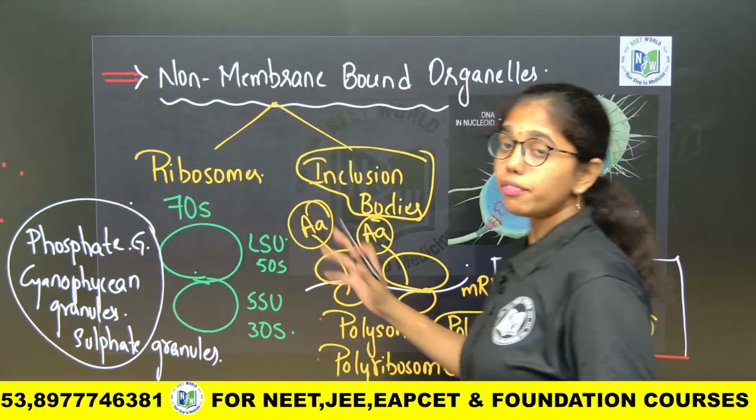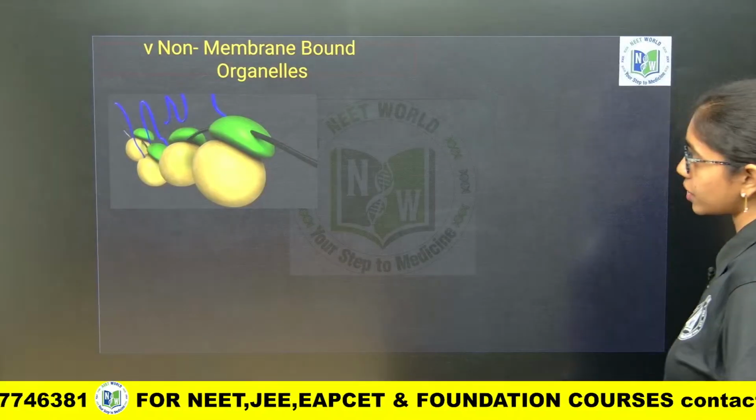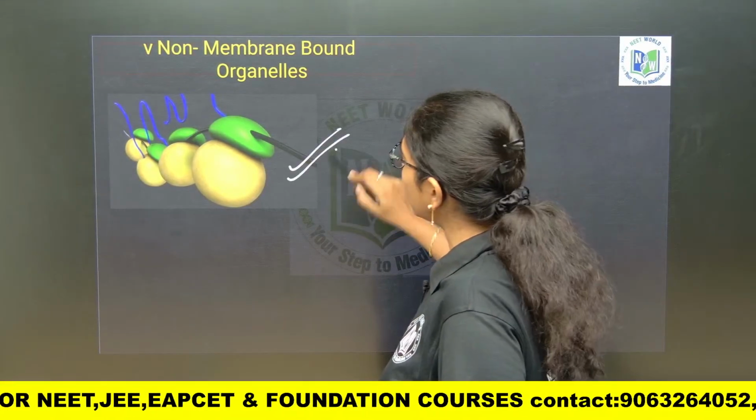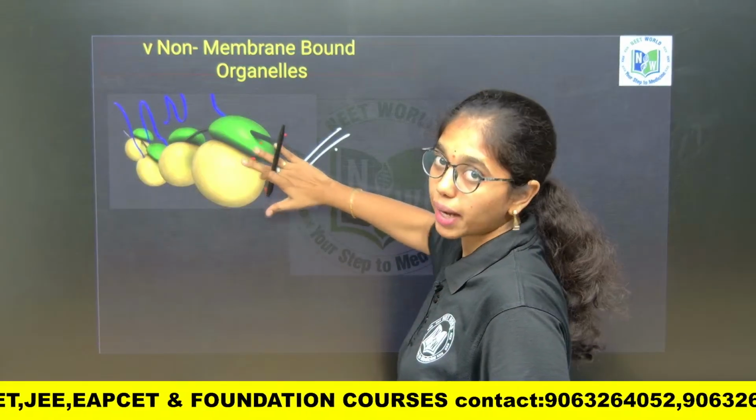Now, beta, I have highlighted the non-membrane bound organelles, and here you can clearly look into the polysome or polyribosome condition.